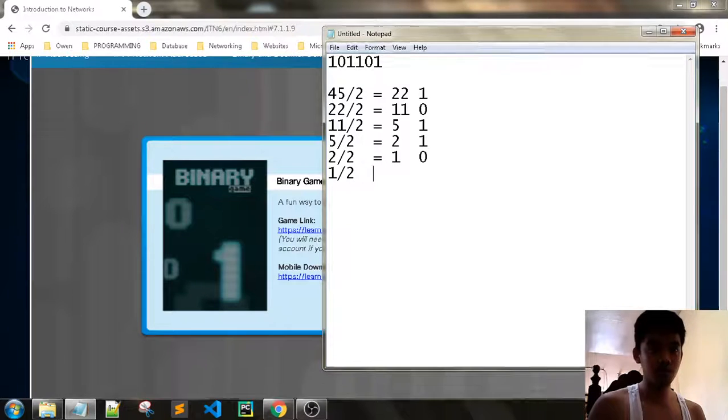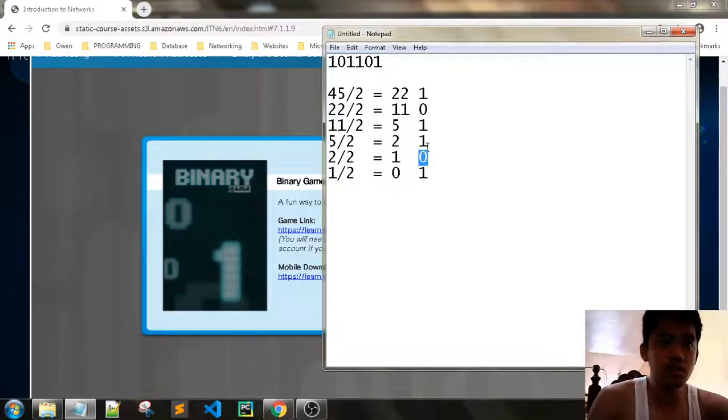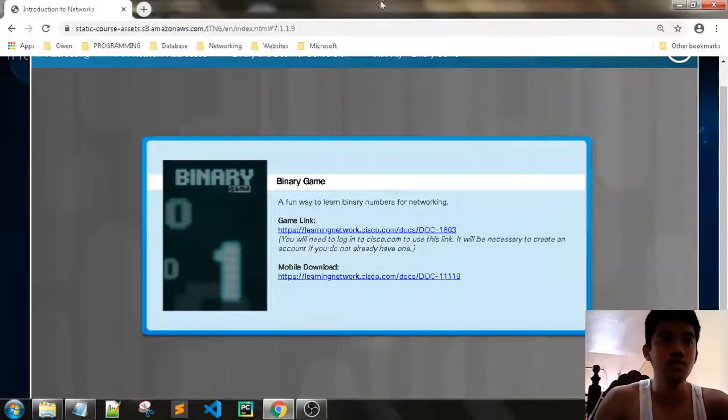Then 1 divided by 2 equals 0, remainder 1. We write these remainders as binary numbers, reading from the last: 1, 0, 1, 1, 0, 1.